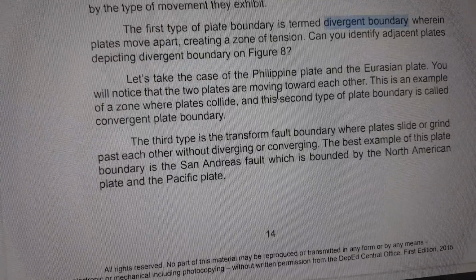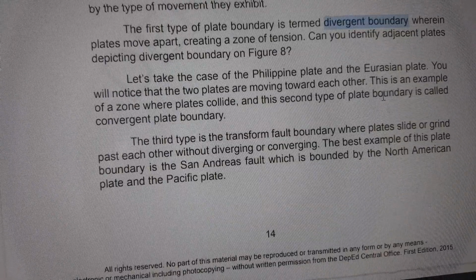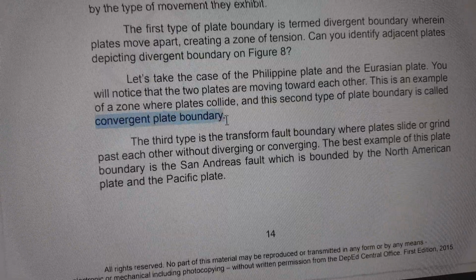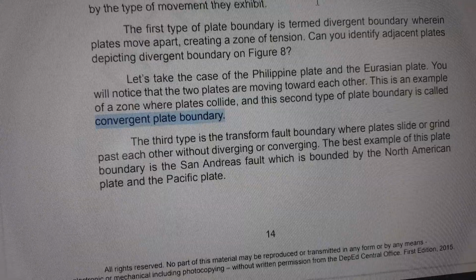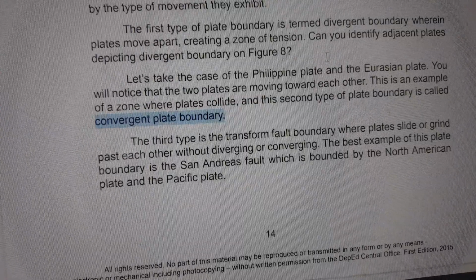Now, we have the second type of plate boundary. It is called the convergent plate boundary. So, we have number one. What is number one? Divergent boundary.